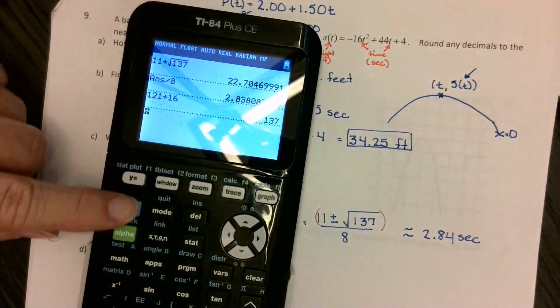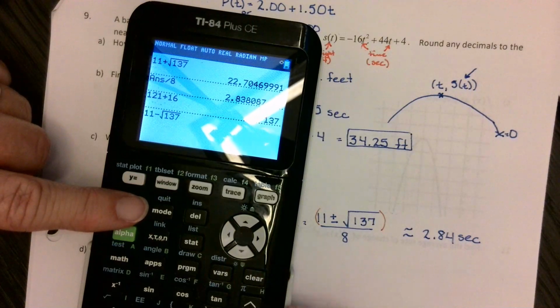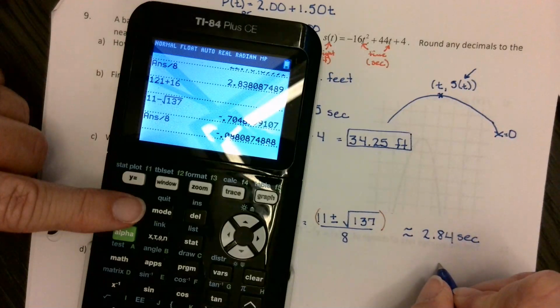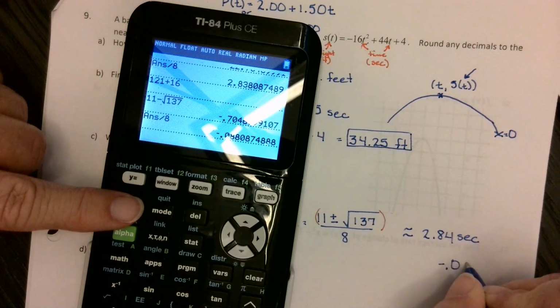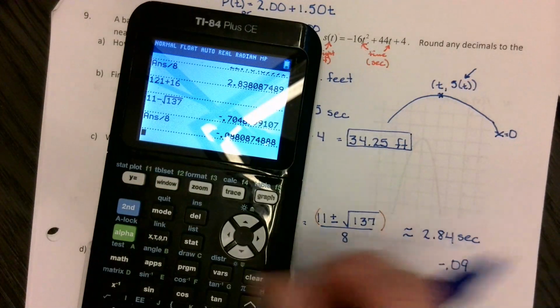And then when I do the minus of this, hit enter and then divide by 8, I'm going to get a negative 0.09, but can that happen? Okay, I think I've done something wrong.